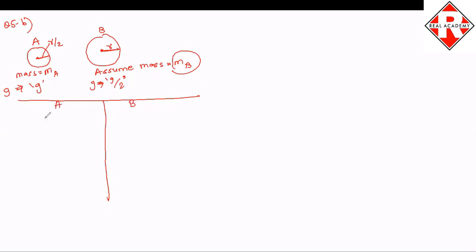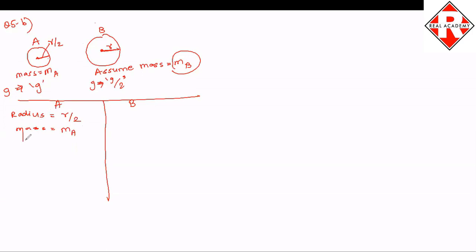Okay. So for planet A, again I'll write down the given data. What is the radius for planet A? For planet A, radius is R by 2. Correct? What is the mass? Mass is mA.